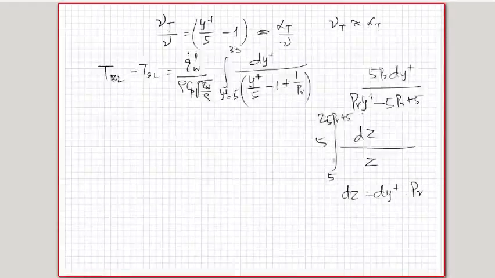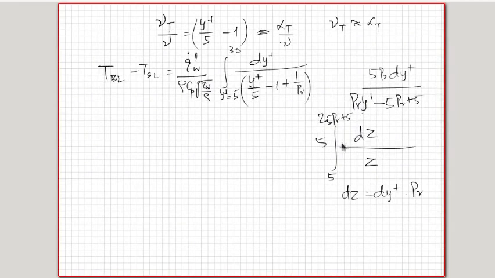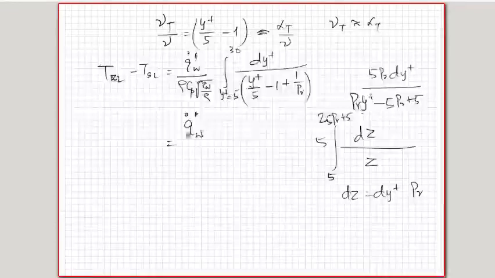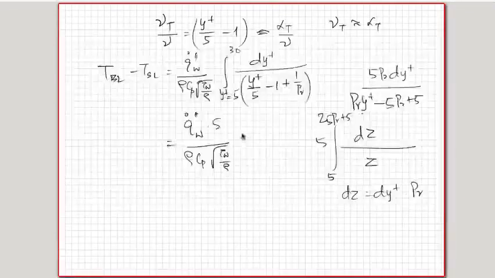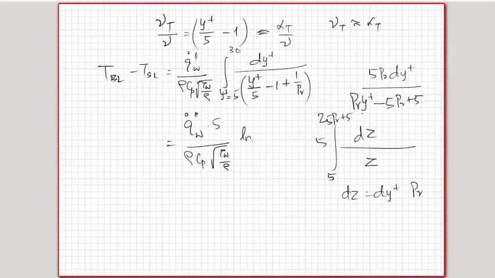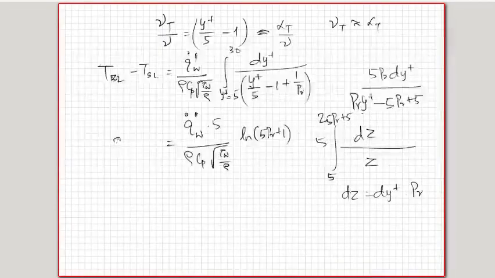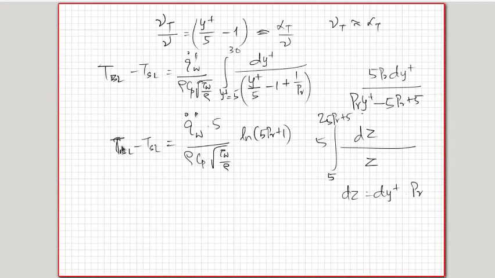So if I divide this by this 5, it will be 5 PR plus 1. So you basically get this is equal to q dot double prime wall into 5 divided by rho Cp square root of tau wall by rho into log of 5 PR plus 1. Okay, so this is TBL minus TSL.